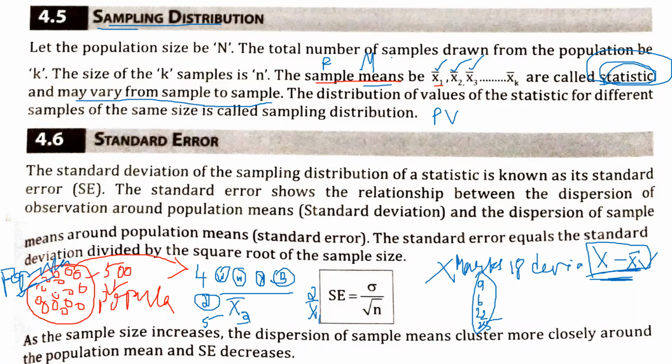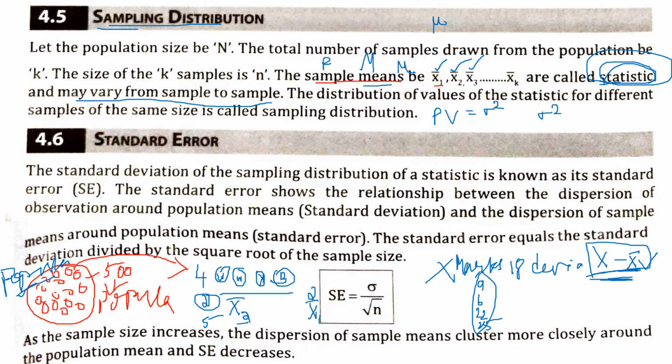The population mean is denoted by mu, M-U-E. You just put a line and then write a cursive U, which is known as mu. And population variance is nothing but standard deviation squared, sigma squared. So this is population variance.